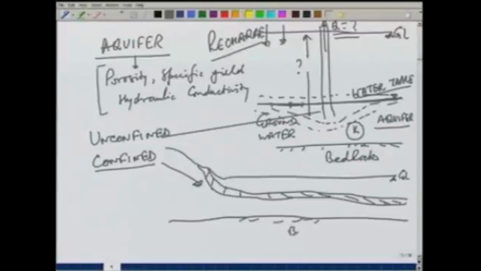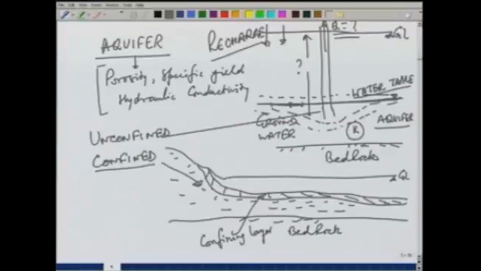So this is the bedrock, or there may be another impermeable layer below this, but this impermeable layer confines the water. So, this area is saturated, but because of the presence of this confining layer, the aquifer water is under pressure.